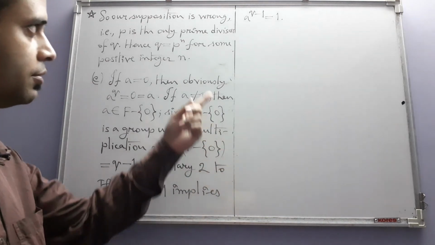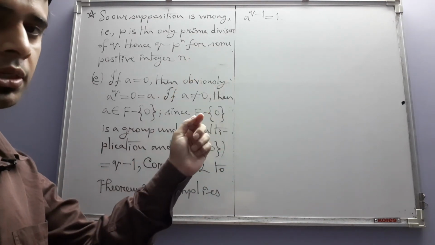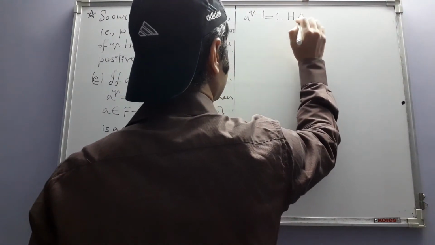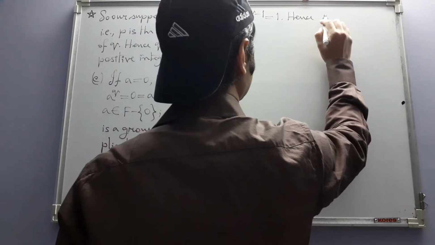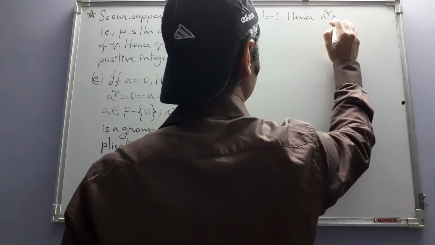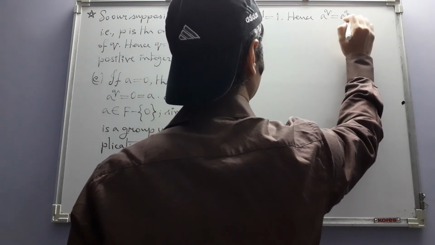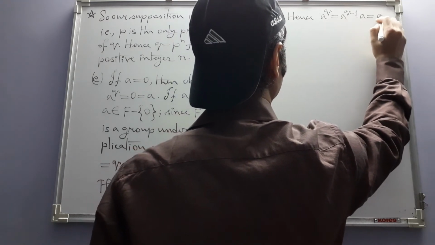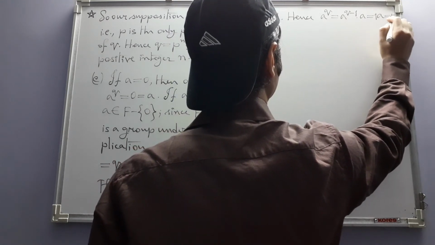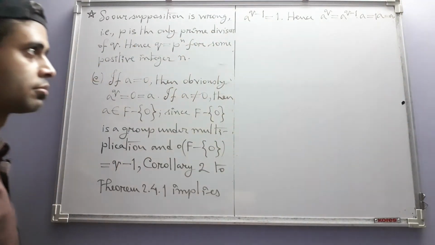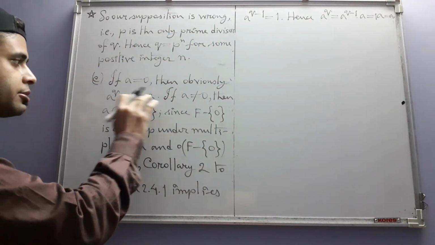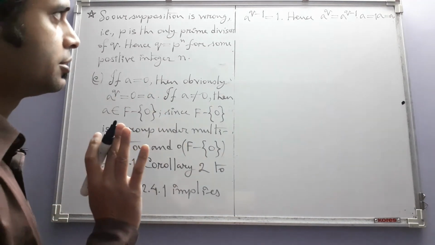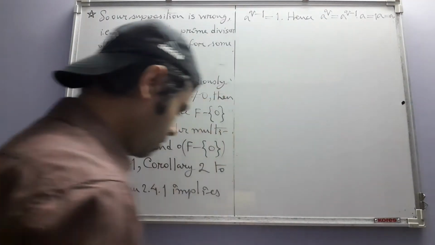In the multiplicative group, the identity element is the unit element in the field. Hence, this is true for the zero element, and for any non-zero element also this is true. So this in general is true.